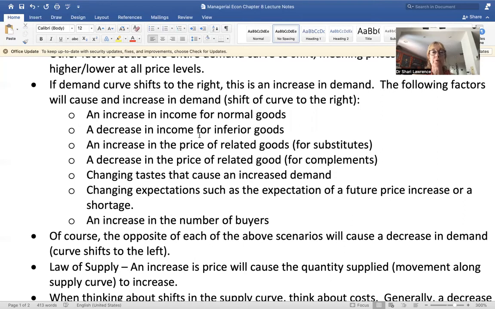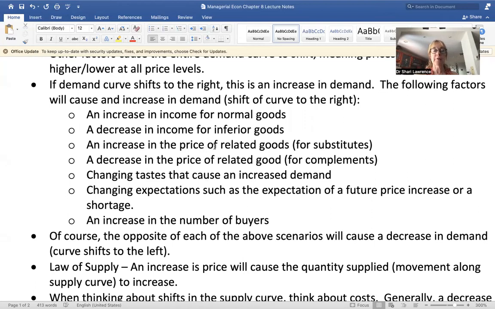Okay, so just to recap, all of these things will cause a shift in the demand curve to the right, an increase in demand. If there's an increase in income, that's going to shift the demand curve to the right, if it's a normal good. If you have a decrease in income, so let's say we go into a recession, there's going to be a shift in demand for inferior goods.